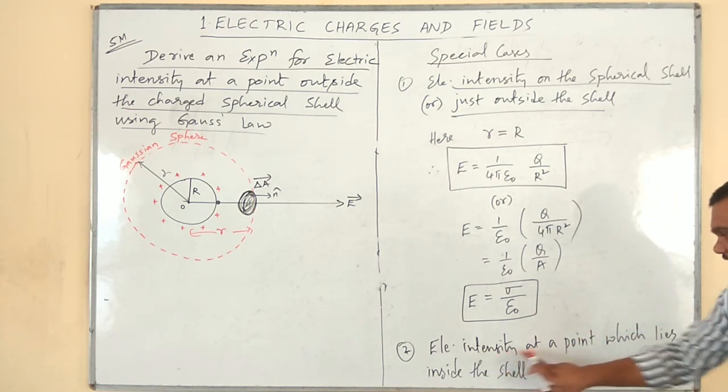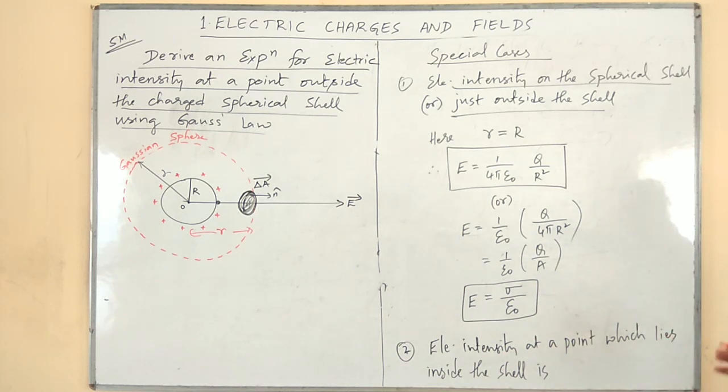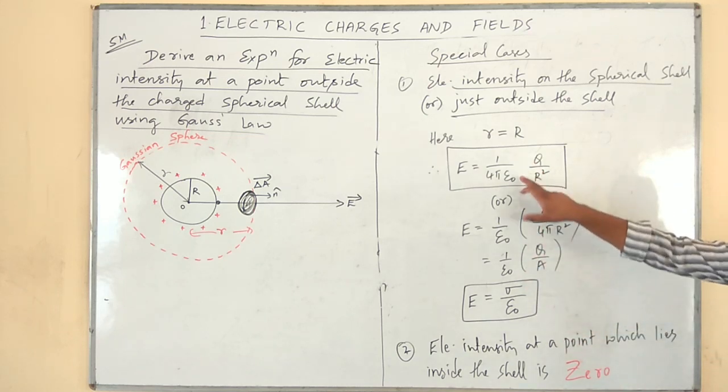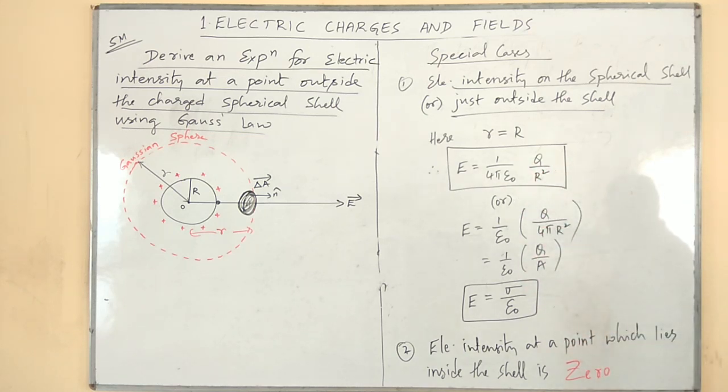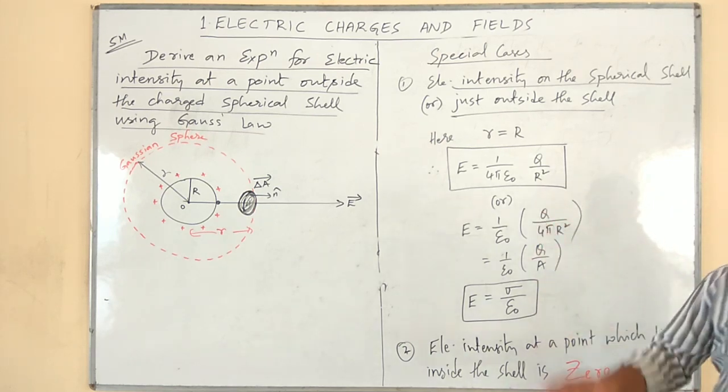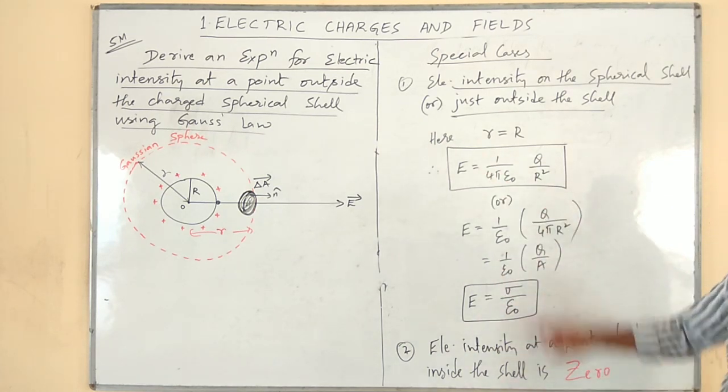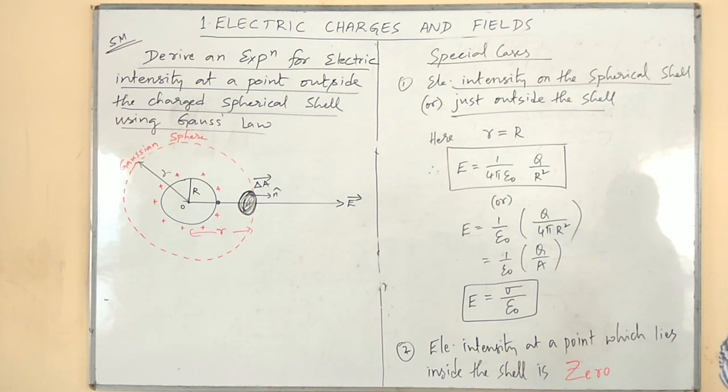Please remember, electric intensity at a point which lies inside the spherical shell is 0. Why? Because there is no net charge present inside the spherical shell. Therefore, electric intensity inside is 0. On the surface it is 1 by 4 pi epsilon naught capital Q divided by capital R square. Outside it is 1 by 4 pi epsilon naught capital Q divided by small r square.